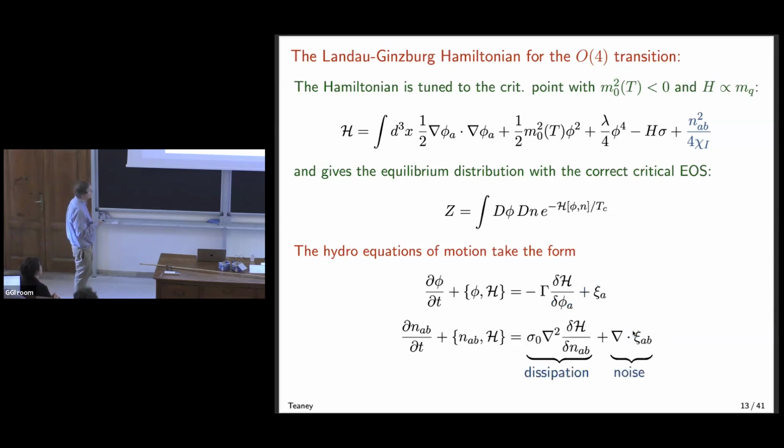It turns out to be highly constrained, with only two coefficients: one is the charge or isospin conductivity, and the other is a dissipative rate, which records how the order parameter relaxes to equilibrium. If you make a small perturbation of psi bar psi, how long does it take to go back to equilibrium?